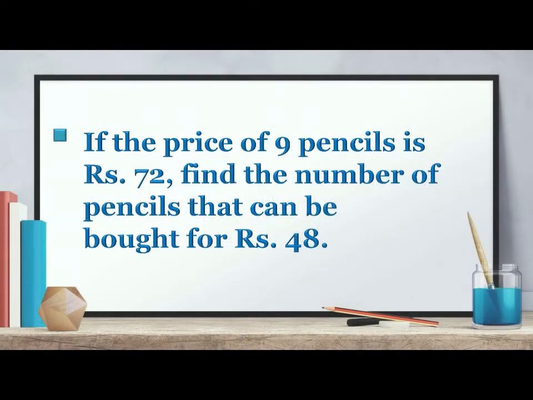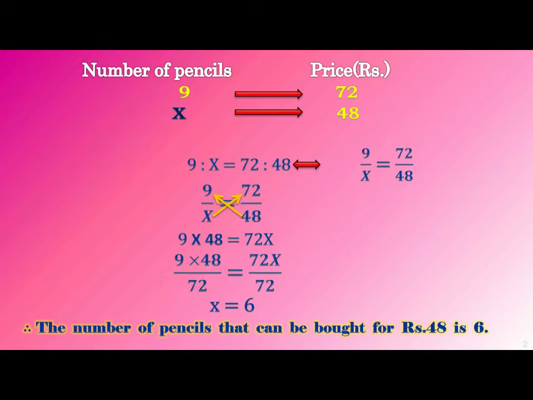The fifth example. If the price of 9 pencils is 72 rupees, find the number of pencils that can be bought for 48 rupees. Right, the two different quantities are the number of pencils and the price in rupees. So we can write two equivalent fractions. 9 to x equals 72 to 48.